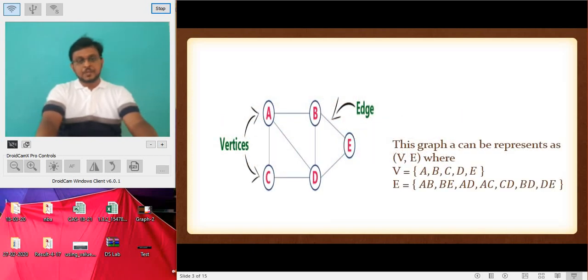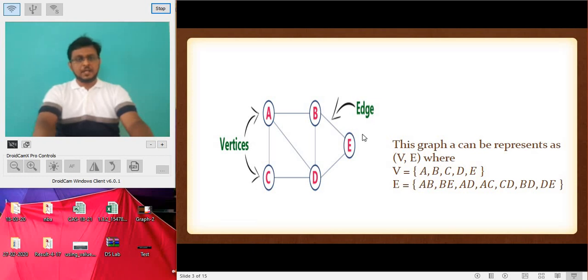See here, I have drawn a graph with 5 vertices and 7 edges. Vertices are usually named, just like here I have used the names A, B, C, D, E to indicate the vertices. So in this graph we have points A, B, C, D, E. These points are called vertices, and these points are linked by using edges.